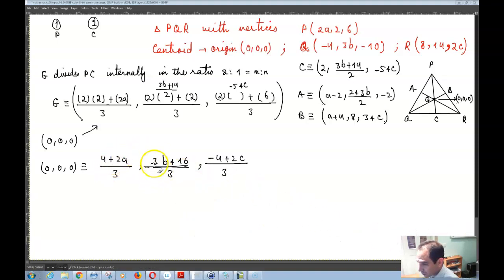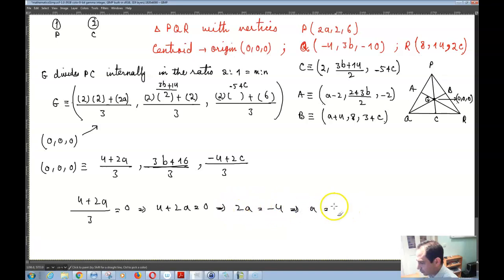So from these equations I can find a, b, and c. If 4 plus 2a divided by 3 is equal to 0, then 4 plus 2a is equal to 0, which means that 2a is equal to negative 4, meaning that a is equal to negative 2.